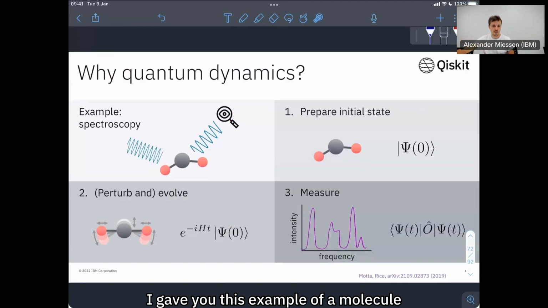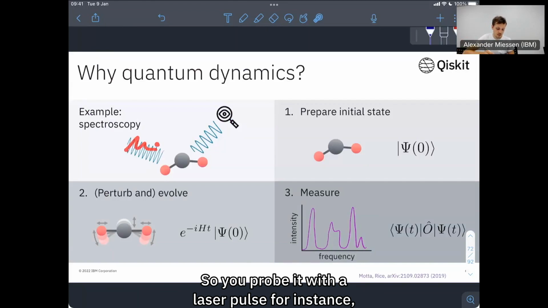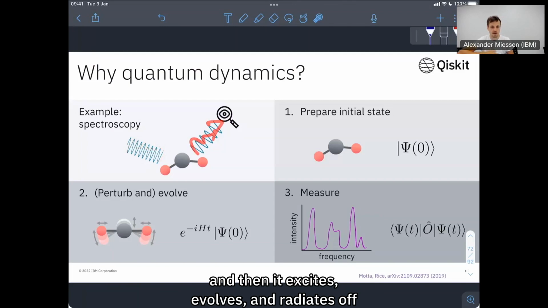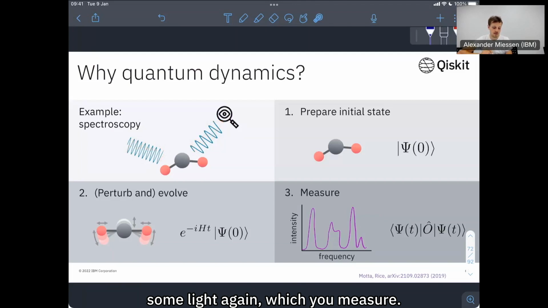I gave you this example of a molecule or some chemical compound on which you do a spectroscopy experiment. So you probe it with a laser pulse, for instance, and then it excites, evolves, and radiates off some light again, which you measure.